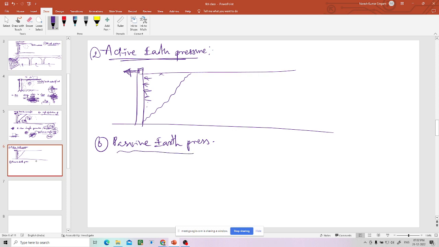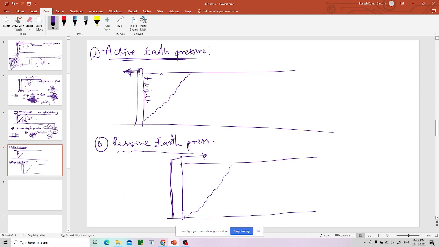When the wall is moving towards the soil, in this direction, then also soil will fail. Don't think that it is moving in this direction, so soil may not fail.